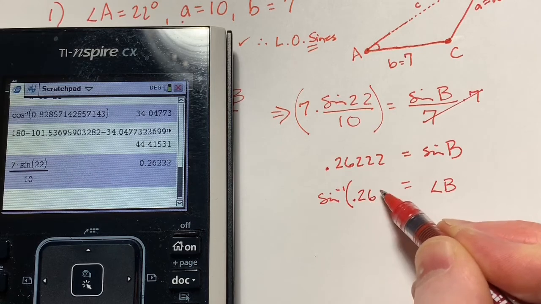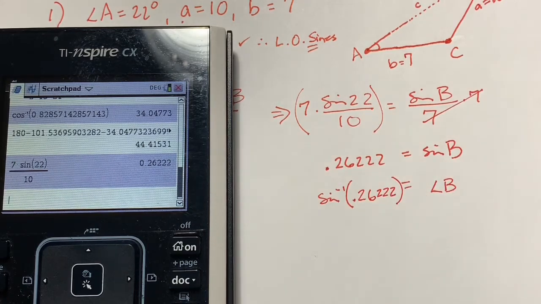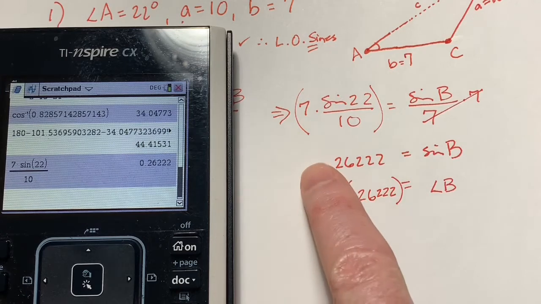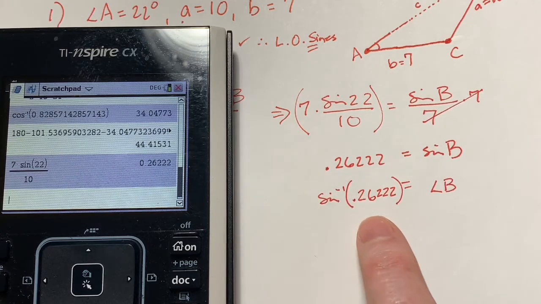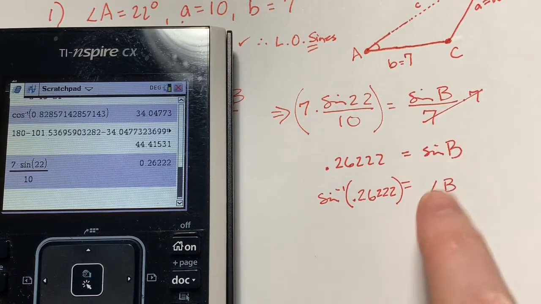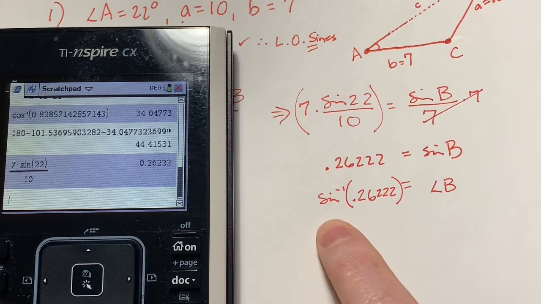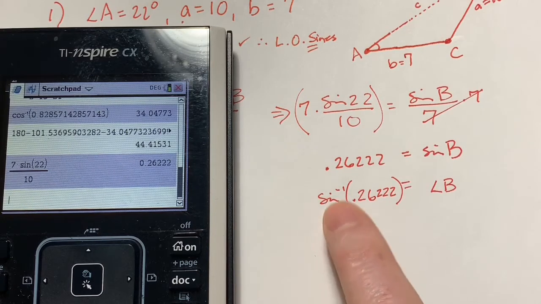Now, again, somebody asks me every year, do I need to be exact? Absolutely. And also, if that ends up being negative, should I change that to a positive? Well, here's where you're going to run into trouble with sine. With the law of sines, when you do an inverse, it is not able to ever give you an angle bigger than 90, because we're going to talk about this more next year, but the inverse sine graph is only defined between negative 90 and positive 90 degrees.